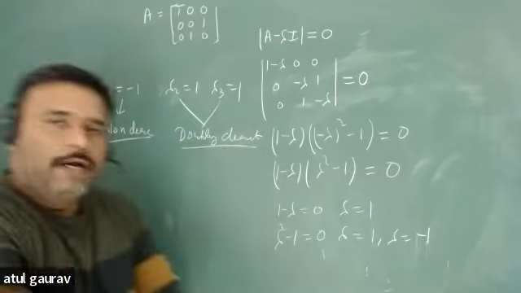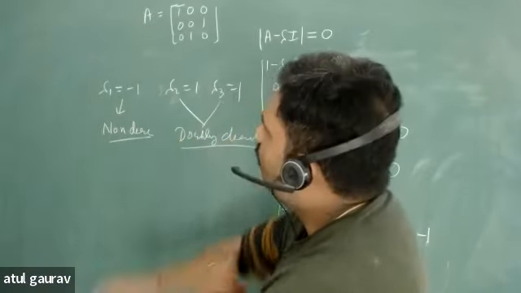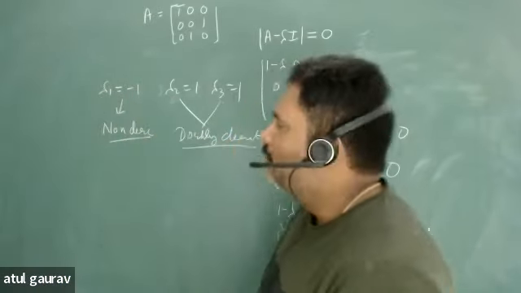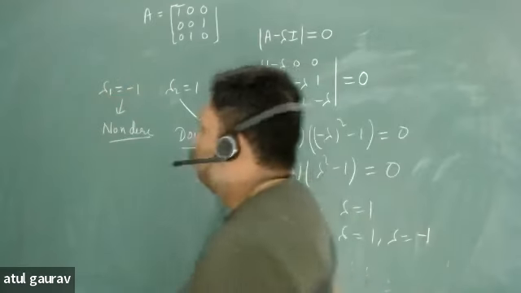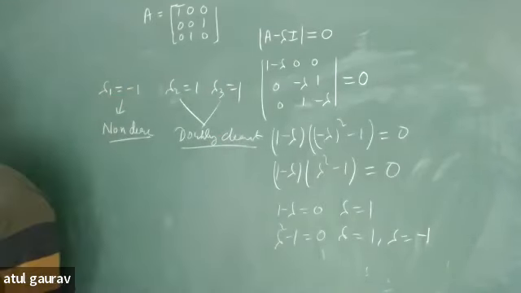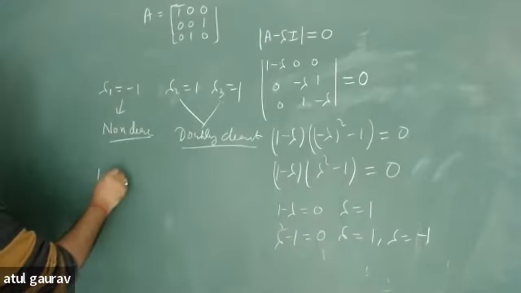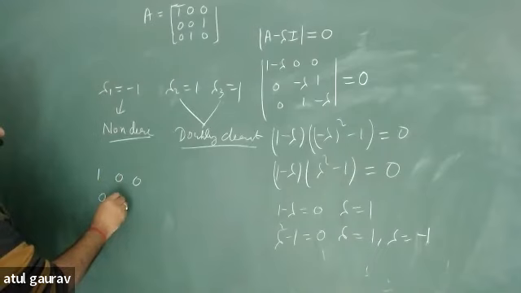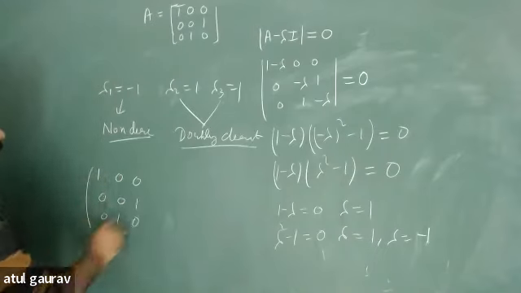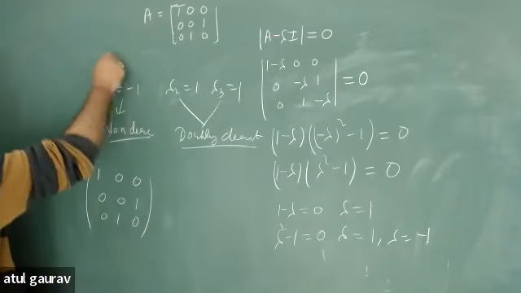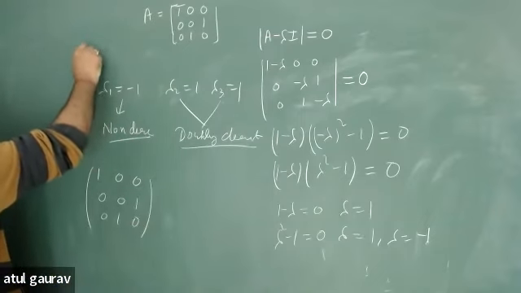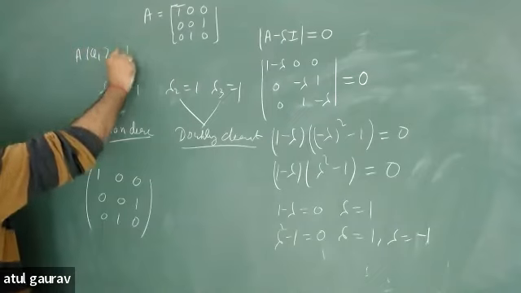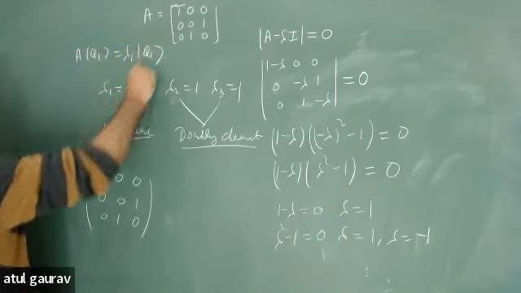Okay. So what I am going to do, I am just going to calculate the eigenvector first for lambda 1 is equal to minus 1. So this is degenerate or non-degenerate? Non-degenerate. So what you will get? The matrix 1 0 0, 0 0 1, 0 1 0, and let's say A phi 1 is equal to lambda 1 phi 1.